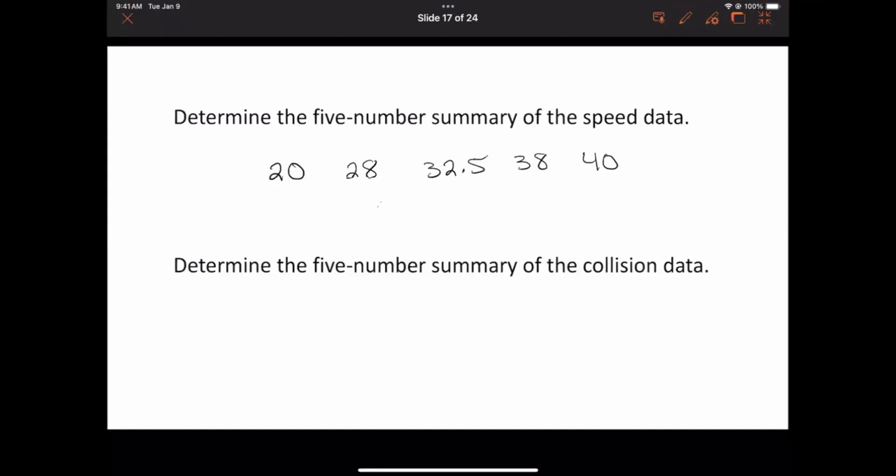So let's talk about the 5-number summary of the collision data. Our smallest value of the collision data, how come I don't have that up on my screen? Let's go to that. It was $180. So the smallest value was 180. Then I have $735 as my Q1.